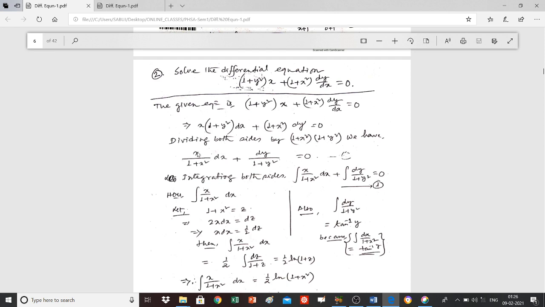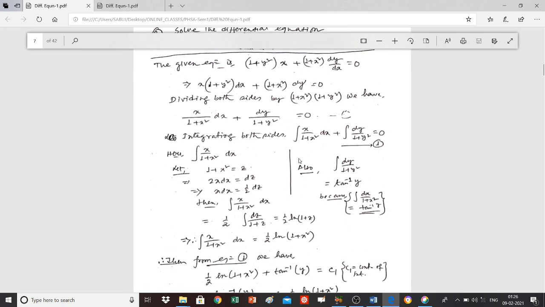That will provide you x by (1 plus x squared) dx plus dy by (1 plus y squared) equal to 0. Now integrate both sides, that will give you the integration of x by (1 plus x squared) dx plus the integration of dy by (1 plus y squared) equal to the integration of 0, and the right hand side will be a constant.